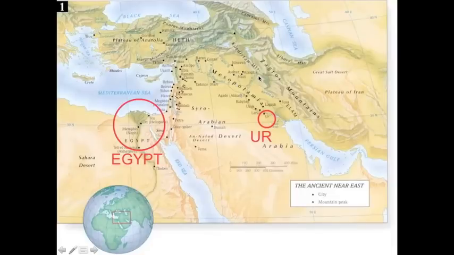Just to situate Egypt on the map. Here it is. And here's Ur, where we saw our friend, the great ziggurat. This is the Mediterranean. And Egypt is organized in a linear fashion along the Nile River. This is probably no big surprise to any of you. But it's an unusual shape for a country to have.